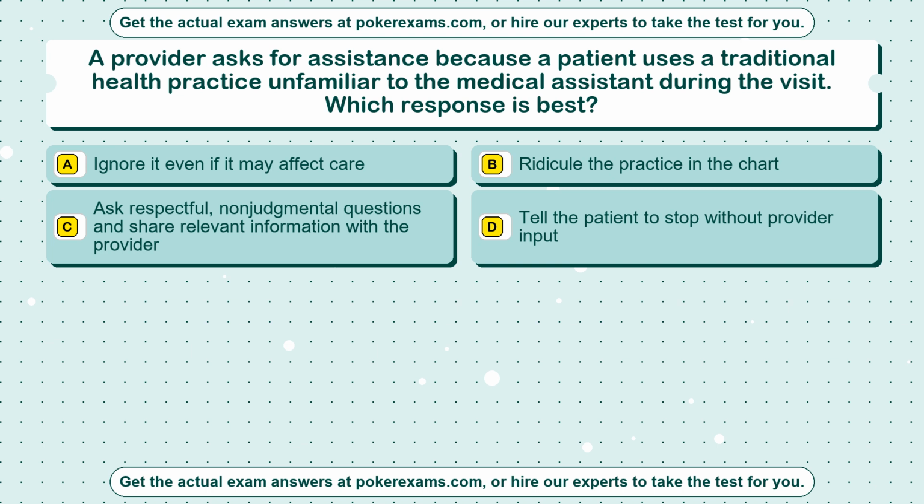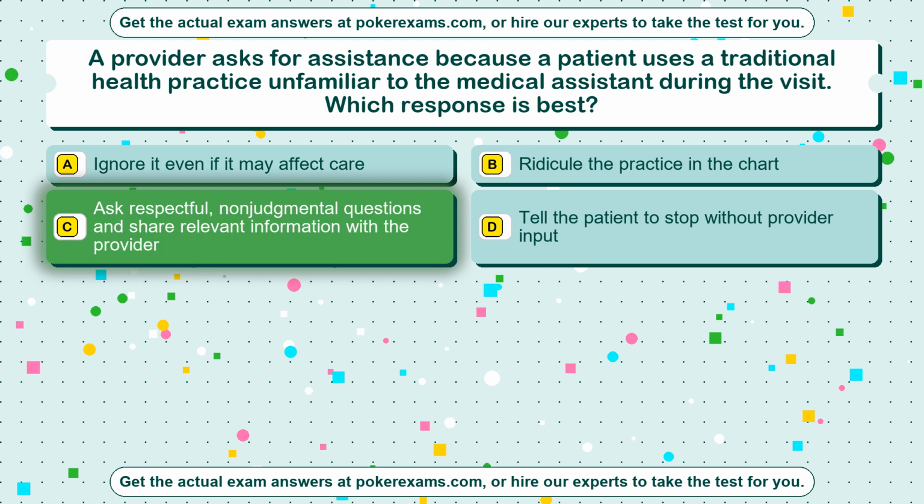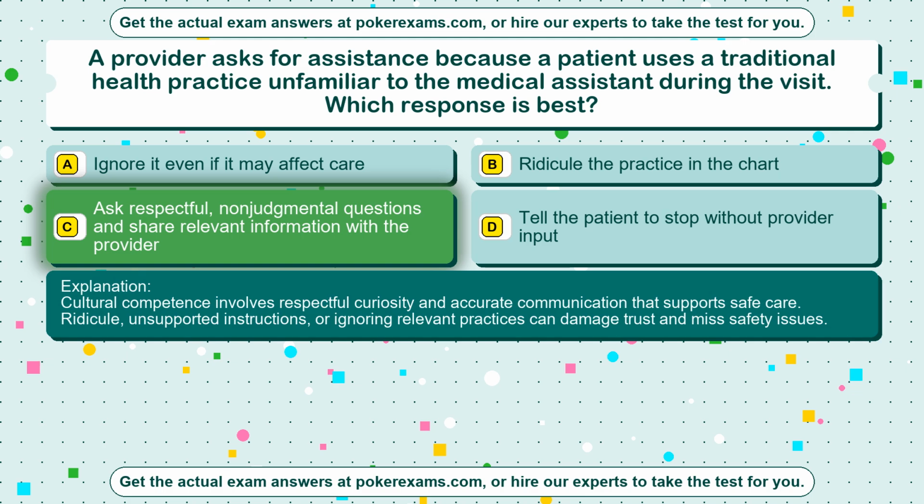Option D. Tell the patient to stop without provider input. The correct answer is option C. Ask respectful, non-judgmental questions and share relevant information with the provider. Cultural competence involves respectful curiosity and accurate communication that supports safe care. Ridicule, unsupported instructions, or ignoring relevant practices can damage trust and miss safety issues.